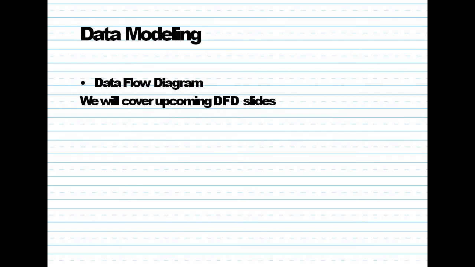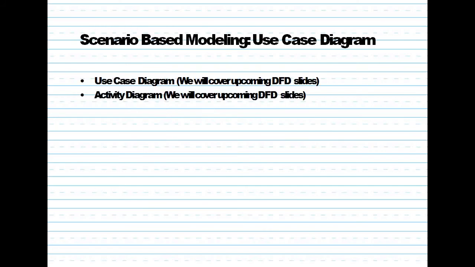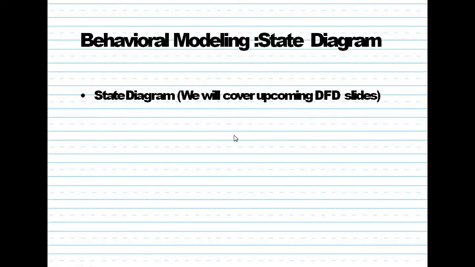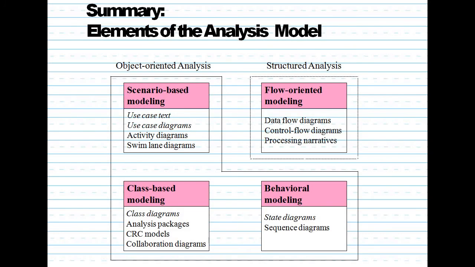Flow orientation modeling we will cover in our next coming slides on DFD. Same as scenario based modeling, that is the use case diagrams, we will cover both use case and activity in the DFD slides also. Class based modeling, same, we will cover in the DFD slides. Behavior modeling is the same, we will cover it in the DFD slides.